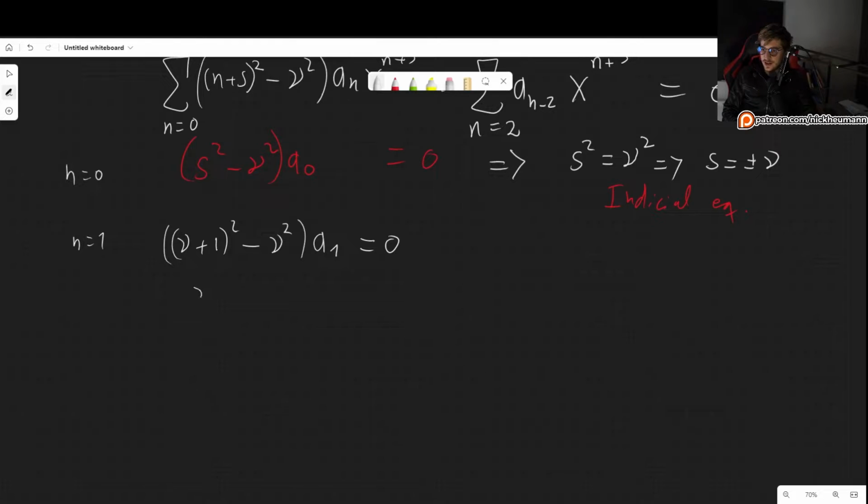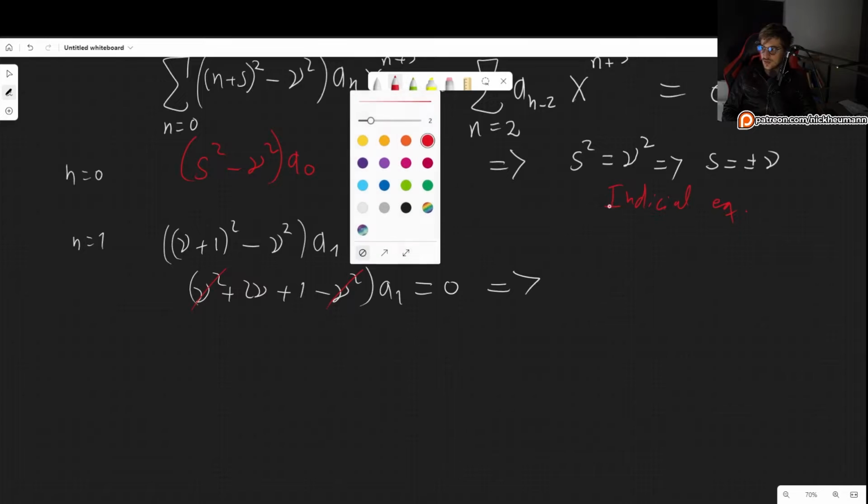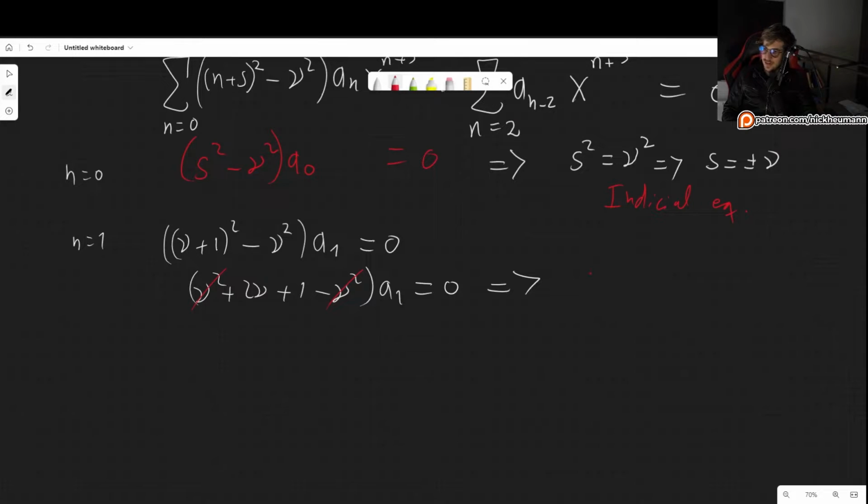Okay, and let's see. Here we get another condition. We get nu squared plus 2 nu plus 1 minus nu squared times a_1 has to be equal to 0. So either a_1 is 0 or this thing here is 0. These two cancel out. So that condition is the same as saying that nu has to be equal to minus 1/2.